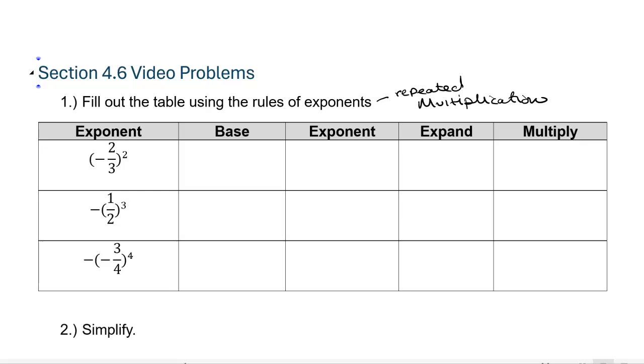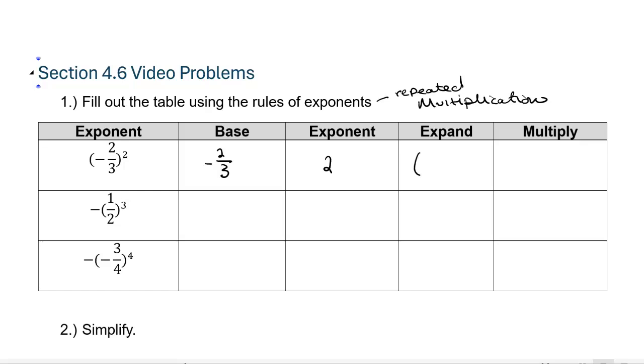So looking at the first one, we have parentheses around -2/3 squared. So the negative is part of the base. So that means that -2/3, right, is what the exponent is being applied to. The exponent is 2.